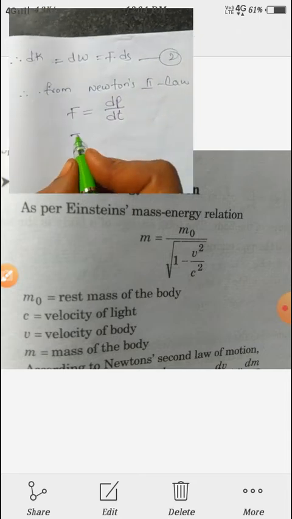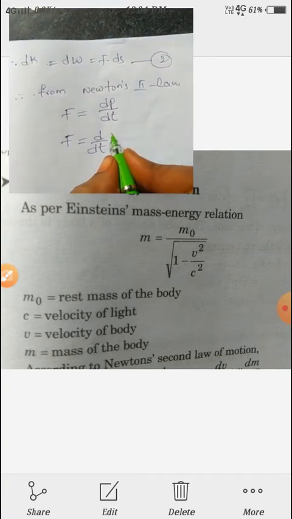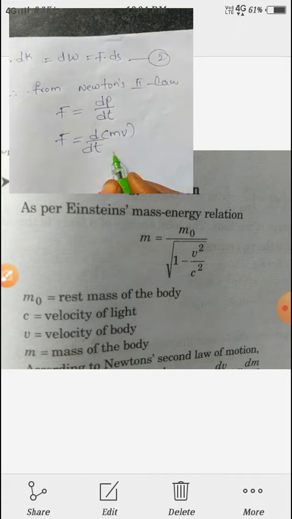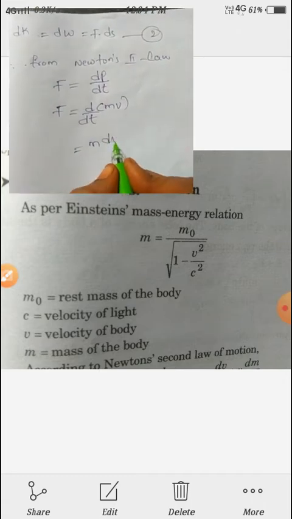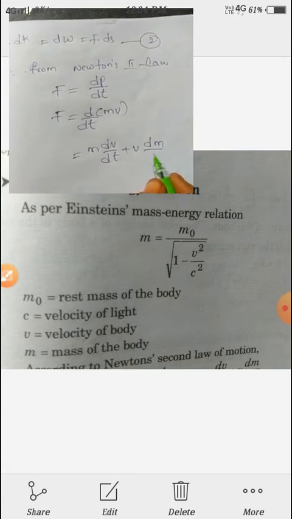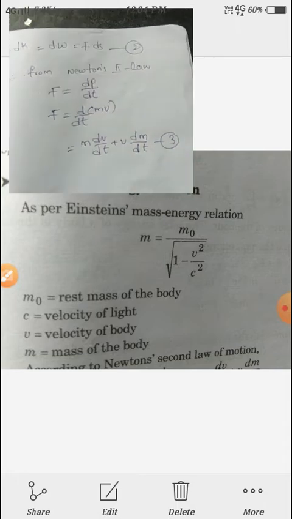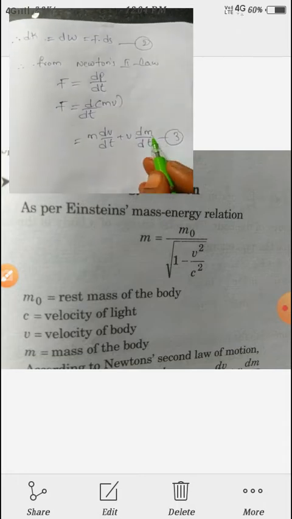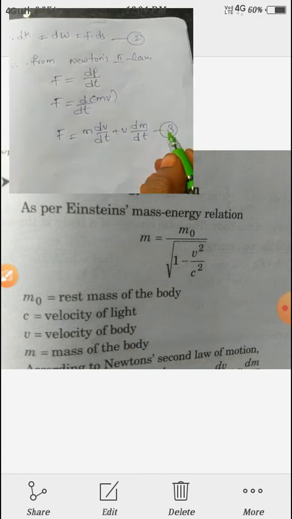Momentum is mass into velocity, so by differentiation, f is equal to m into dv by dt plus v into dm by dt. Equation 3.